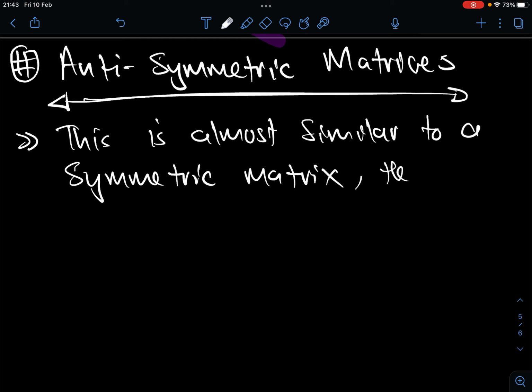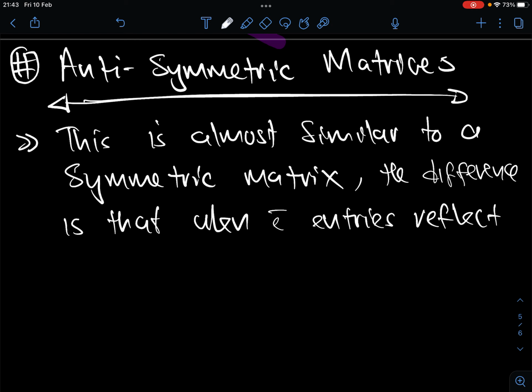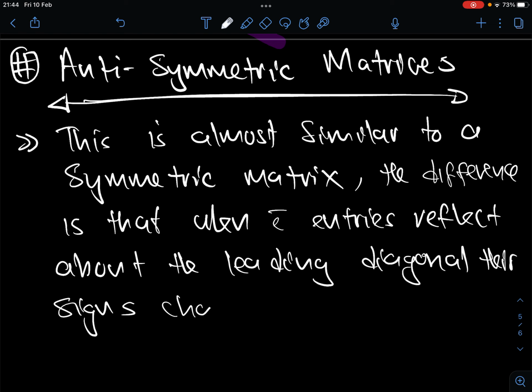The difference is that when the entries reflect about the leading diagonal, their signs change. So that's what we call an antisymmetric matrix.